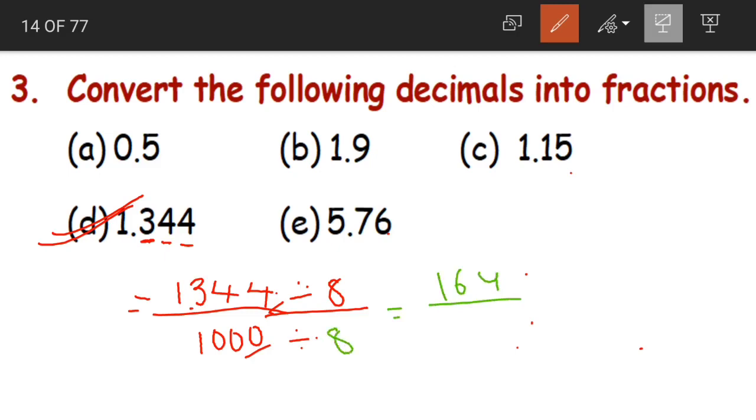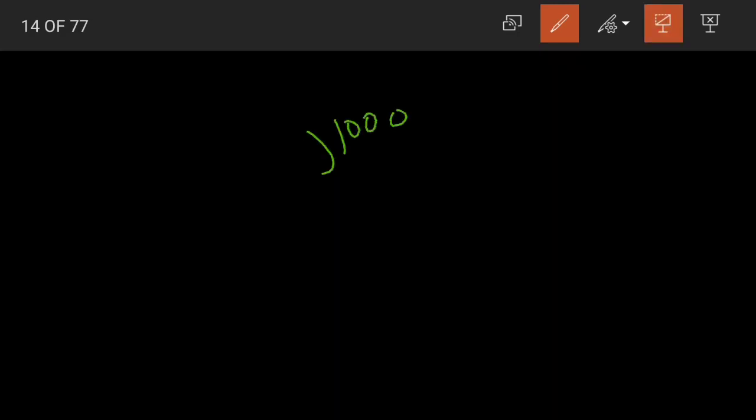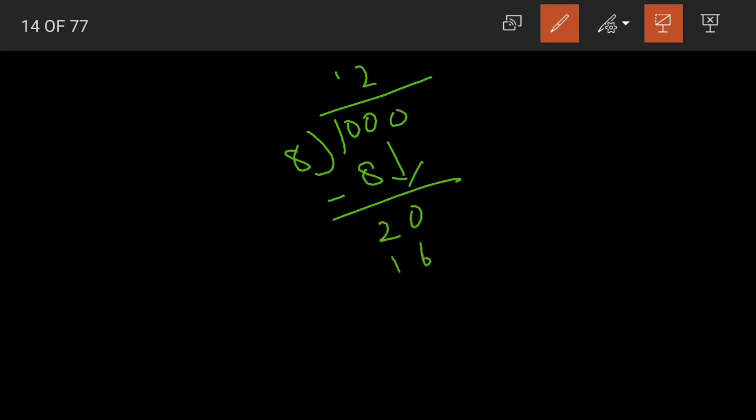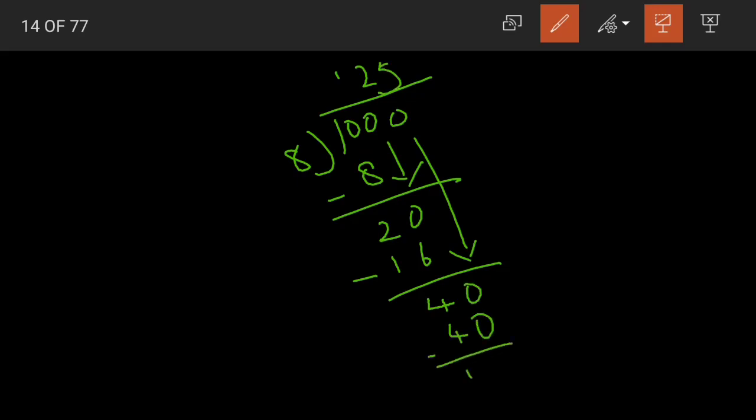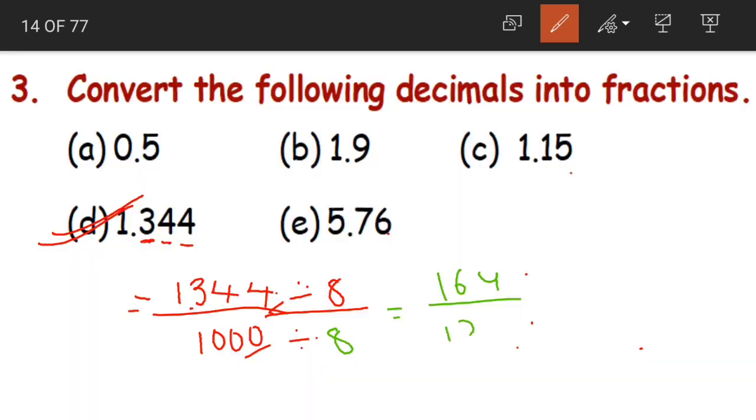Next again when we divide 1000 by 8, we have 8 ones are 8. When we subtract 2 is remaining, 0 brought down. 8 twos are 16. When we subtract 4 is remaining, 0 brought down. 8 fives are 40. When we subtract 0 is our remainder. So 125 is the quotient here.